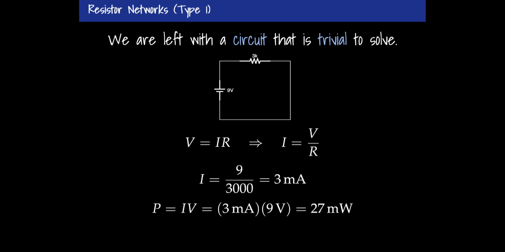And by the way, since I know the current coming out of the battery, for a little bit of fun extra, I said I want to find everything. The battery is cranking out a power, according to IV, that's 3 milliamps times 9 volts is 27 milliwatts of power. That is the power being supplied by the battery, pardon me. The only reason why I bring this up is because my expectation is that as the circuit runs, the energy is going to be conserved.